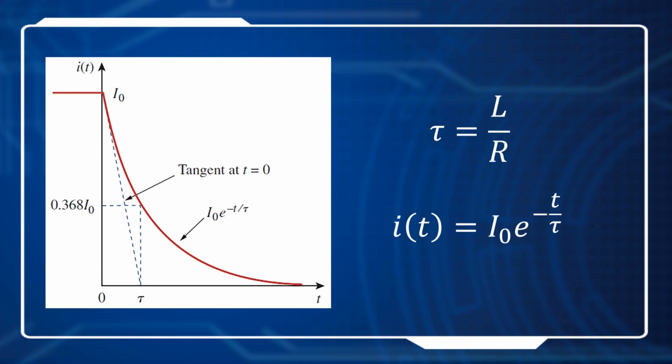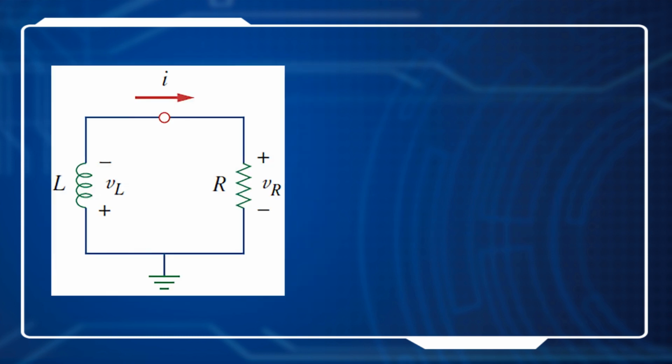Now we have the solution of the current i, and we can get the value of the voltage by Ohm's law. vR(t) equals i multiplied by R equals I0 multiplied by R multiplied by e to the minus t over tau.